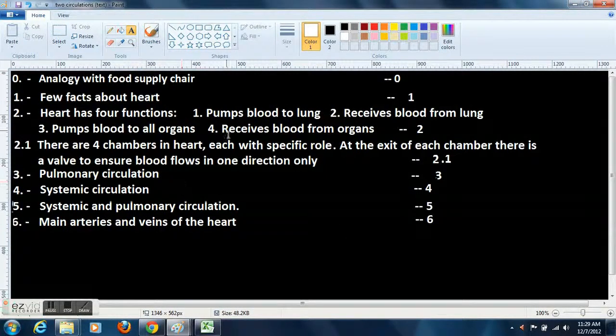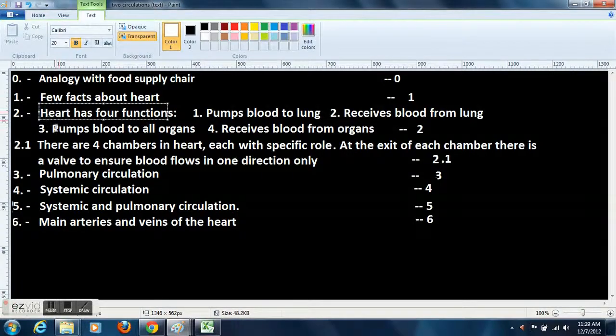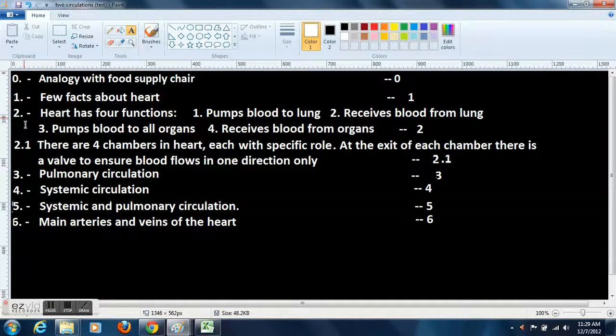Okay, in this tutorial we'll start from the place where we left. Heart has four functions. One, it pumps blood to lung. Then it receives blood from the lung. It receives pure blood and pumps impure blood.